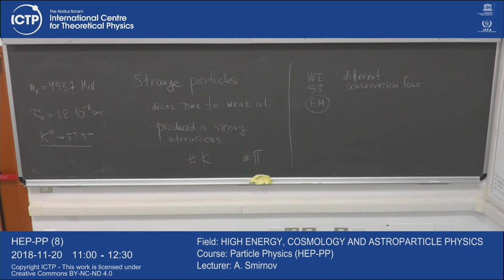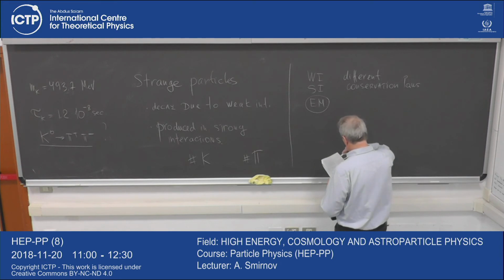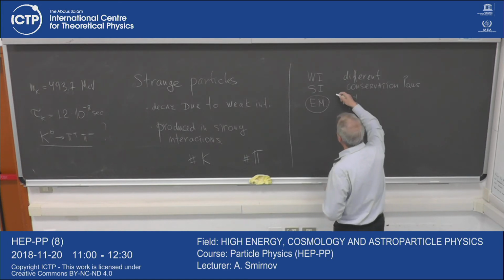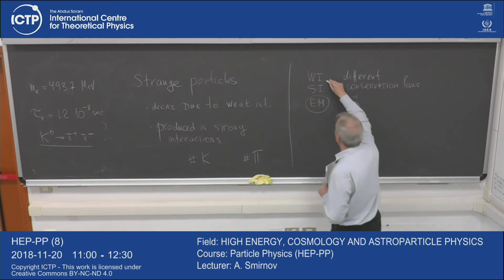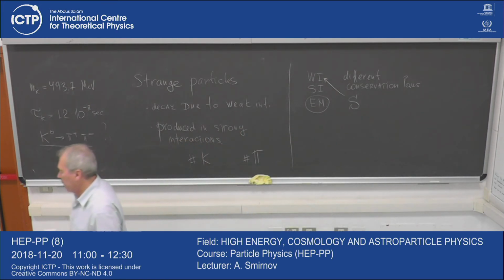Strong interactions are also quite symmetric, and they respect or conserve various quantum numbers. So one can introduce a quantum number which is conserved in some interactions but is broken by other interactions. And usually weak interactions do not respect a quantum number, so they like to break, as we will see, quantum numbers.